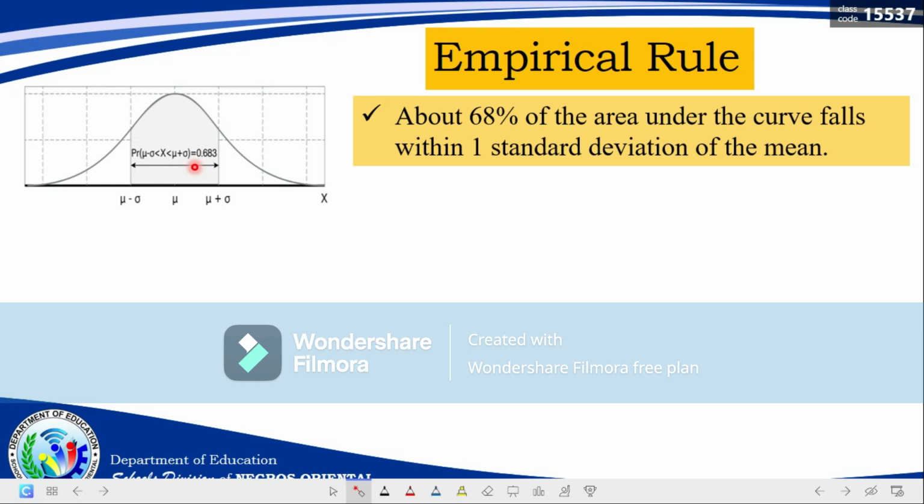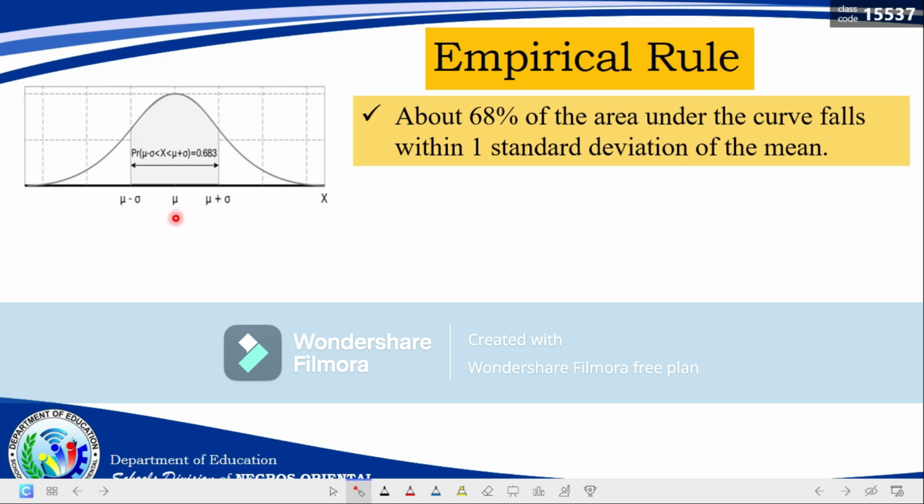That's left and right. And the area covered is 0.683. If you express that in percent form, that is equivalent to 68.3% or approximately 68%.